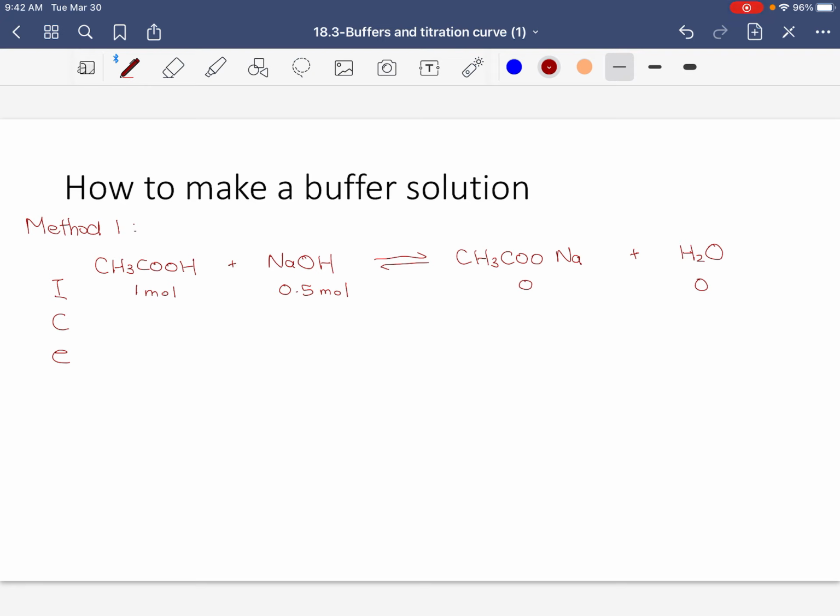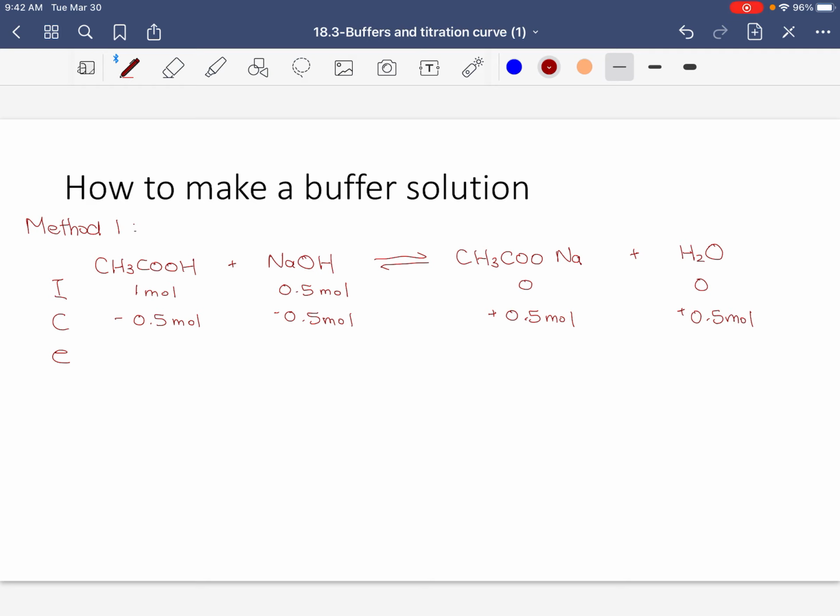So if you have 0.5 mole of this limiting reagent, sodium hydroxide, you're going to take away half of these because they are 1 to 1. Let's write that in. The change here is that you're going to lose half of the acetic acid. You're going to use up all the NaOH because NaOH is limiting. The salt will gain, because obviously you're combining all of this with half of these to make this. So it's half a mole, and of course half a mole of the other guy too. Can't forget about the water.